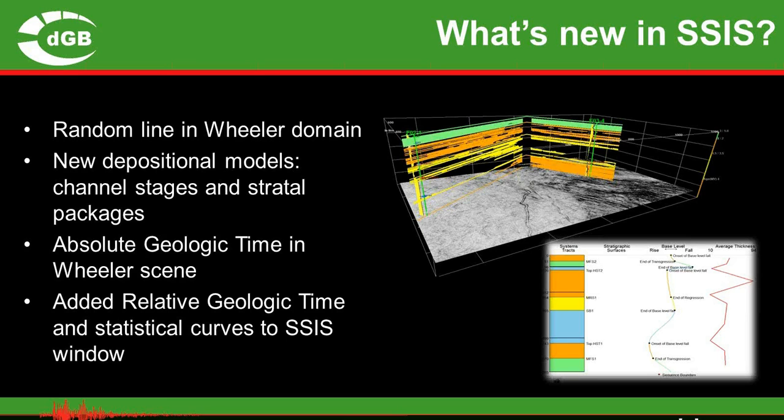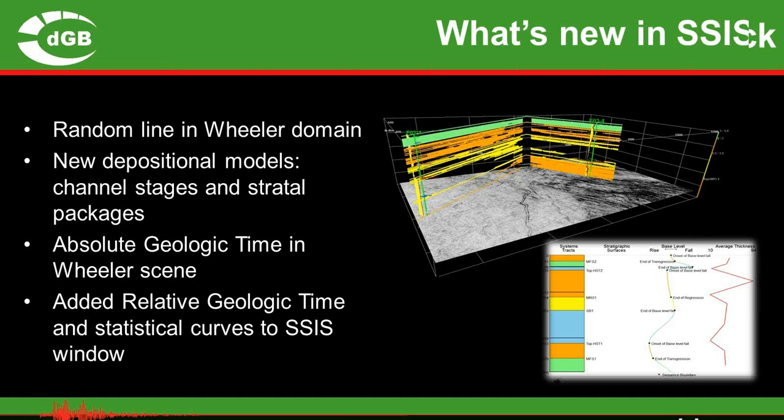For example, it's now possible to calculate the thickness from interpreted systems tracts and display these as an additional curve which says something about depositional ratios.